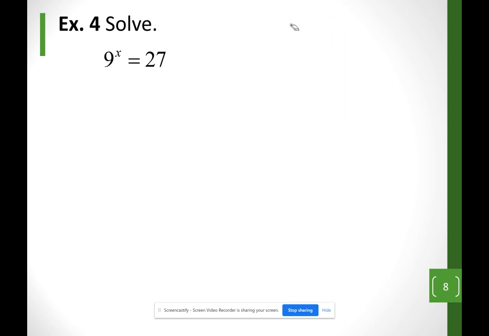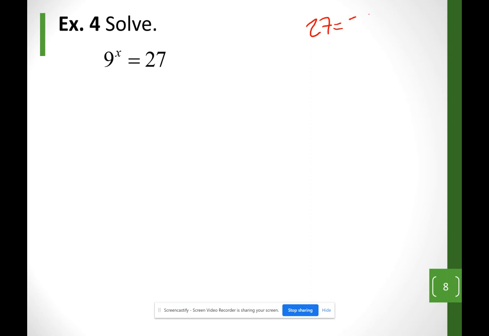However, I can't, because I cannot think of 9 to the something that gives 27. I know 9 to the 1 is 9, but 9 to the 2 is 81. So it's between 1 and 2, but I'm not just going to guess. Because I must have the same base, I'm thinking, how can I write 27 as an exponent?